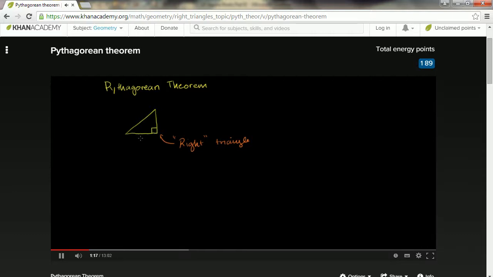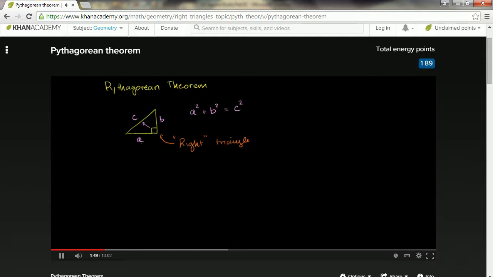If this side is A, this side is B, and this side is C, and remember, the C that we're dealing with right here is the side opposite the 90-degree angle. It's important to keep track of which side is which. The Pythagorean theorem tells us that if and only if this is a right triangle, then A squared plus B squared is going to be equal to C squared.